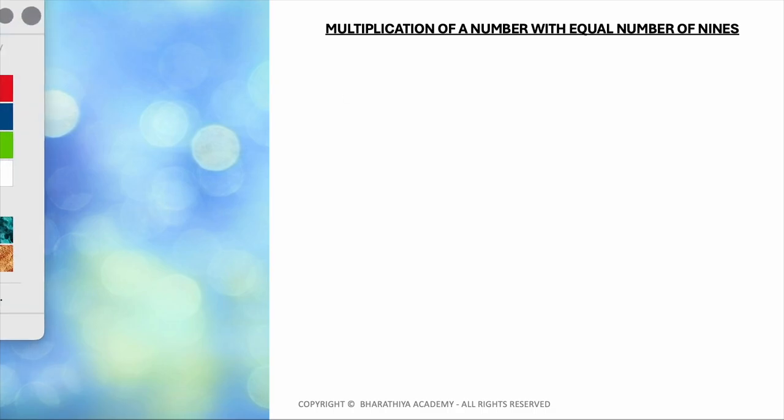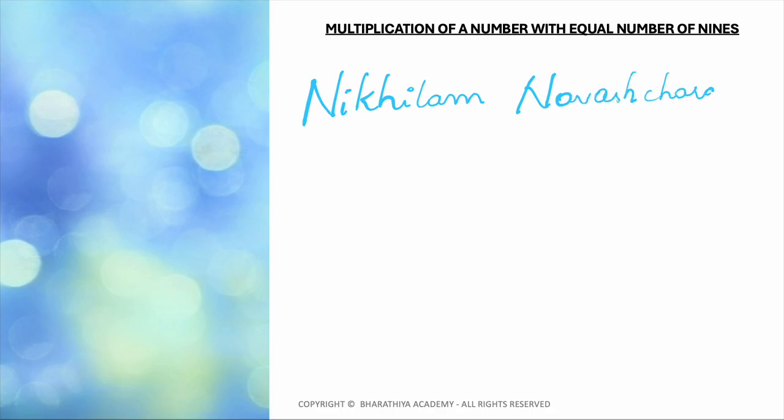For part 2 of the concept, what did we do? We have written 10 on the last digit and 9 on the remaining digits, right? So for part 2, we have applied the concept called Nikhilam Navatascharamam Dashataha.